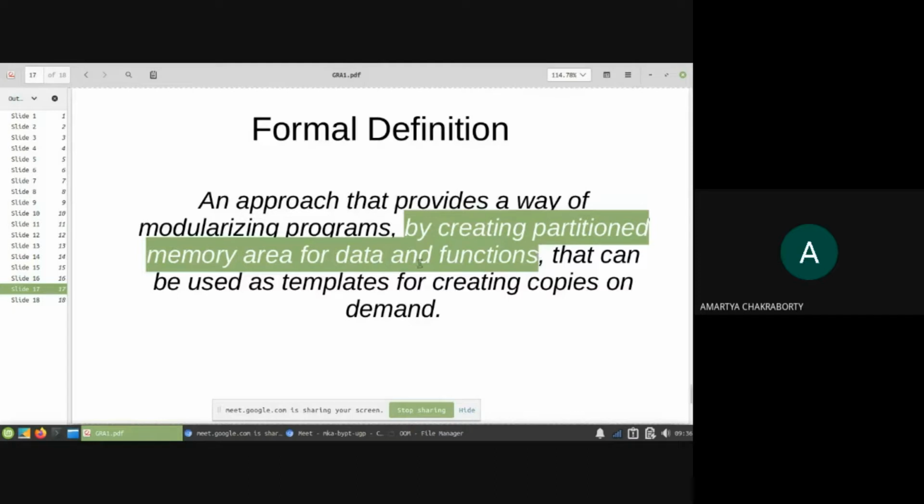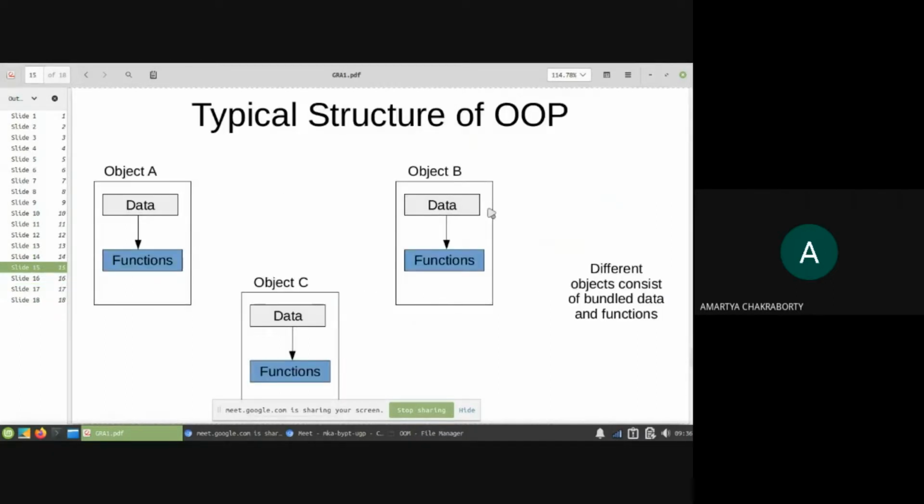Now, in order to understand this statement, creating partitioned memory area for data and functions, let us simply go back to this diagram once again. Here we can see object A has its own data and its own functions. Similarly, object B has its own data and own functions. Same thing for object C. So object A, object B and object C do not have any overlap.